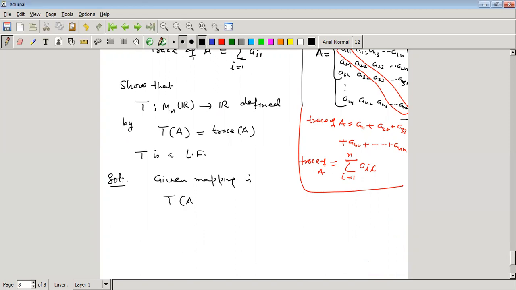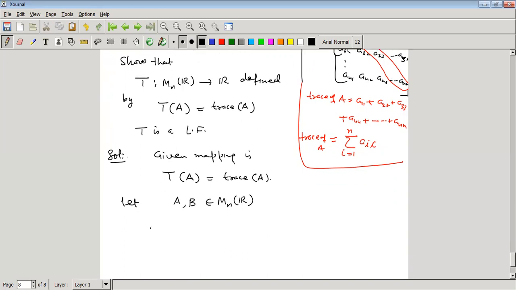T of any element A from Mn R is equal to trace of A. Okay, so let A, B be any matrices belonging to Mn R, the set of all n cross n matrices over the real numbers, and let alpha, beta be any scalars from the field of real numbers R.